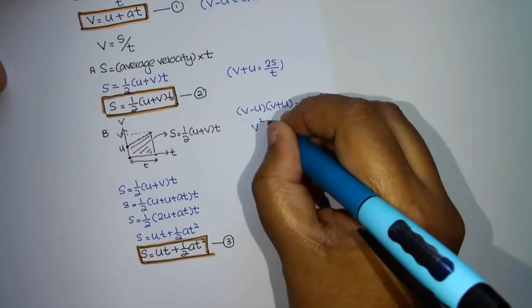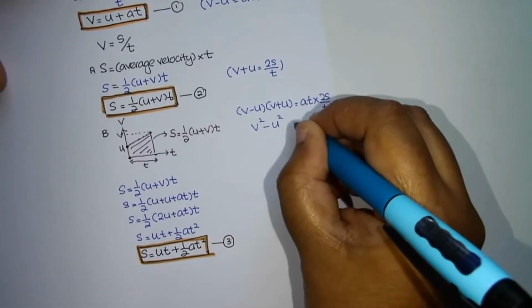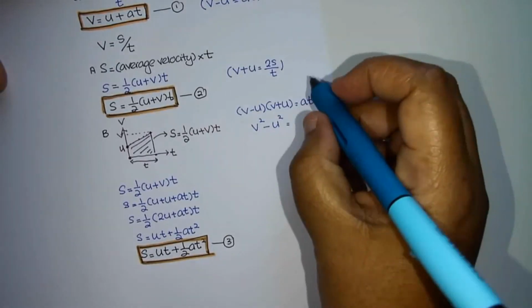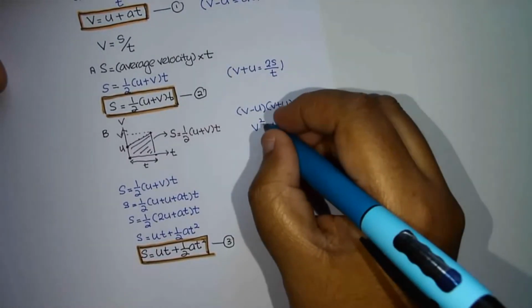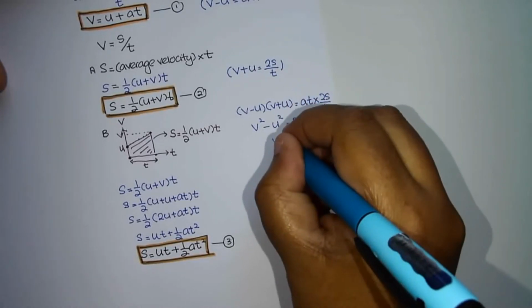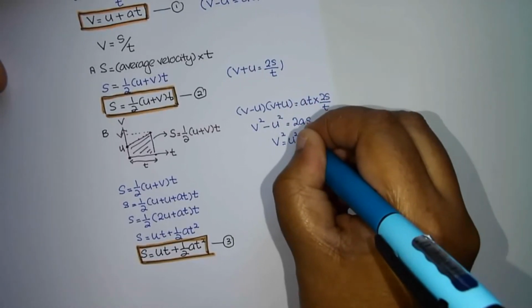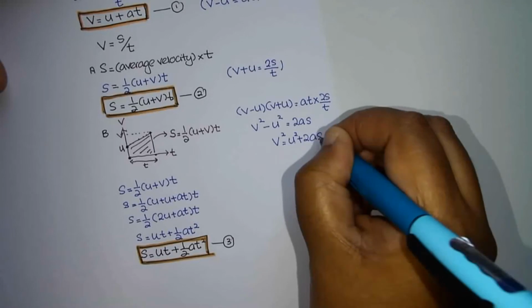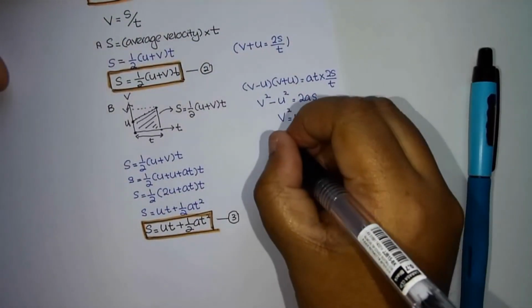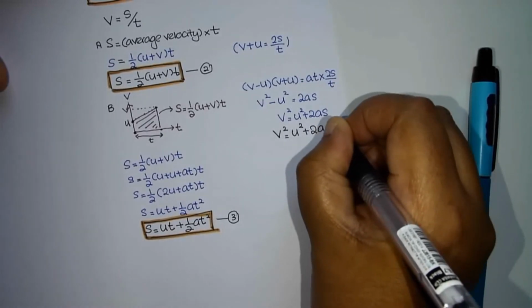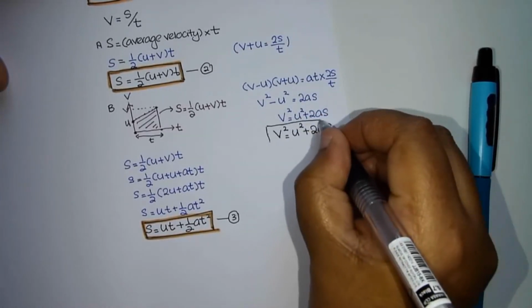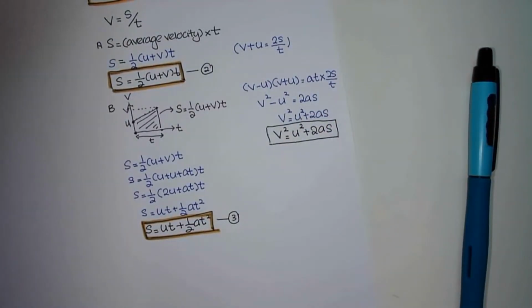So v squared minus u squared, you solve this and you get 2as. Then you will get v squared equals u squared plus 2as. I'm going to write it with the black pen: v squared equals u squared plus 2as. Your next formula.